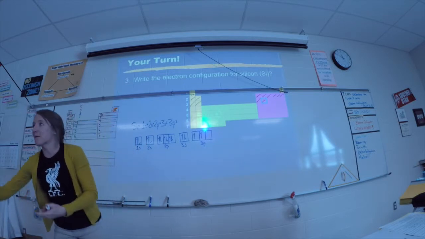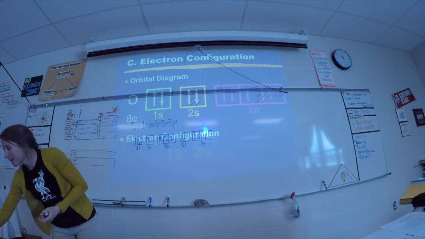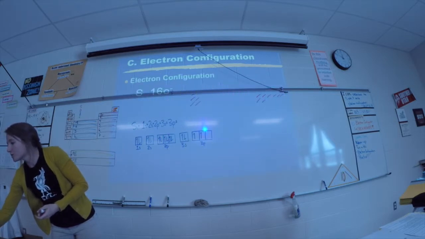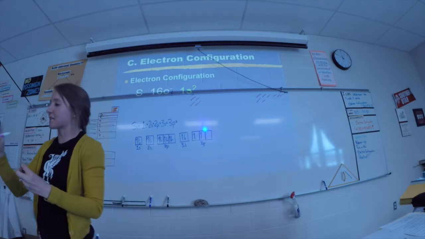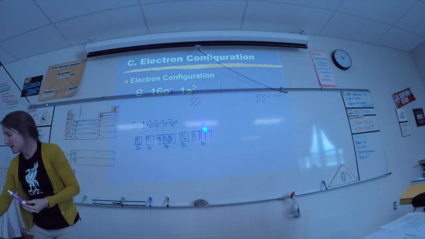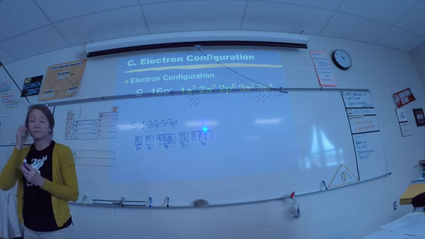Okay, let's take a look now at the real shortcut. So sulfur's normal configuration, if you look at the top of page 5, I gave you sulfur's configuration already. 1s2, 2s2, 2p6, 3s2, 3p4.